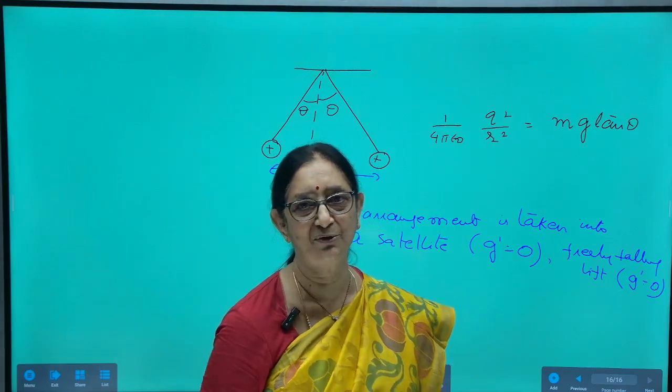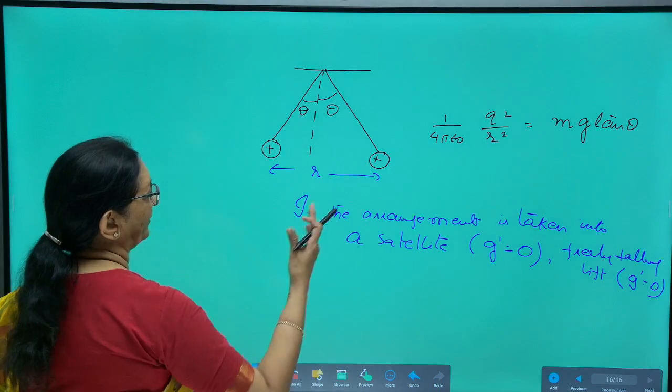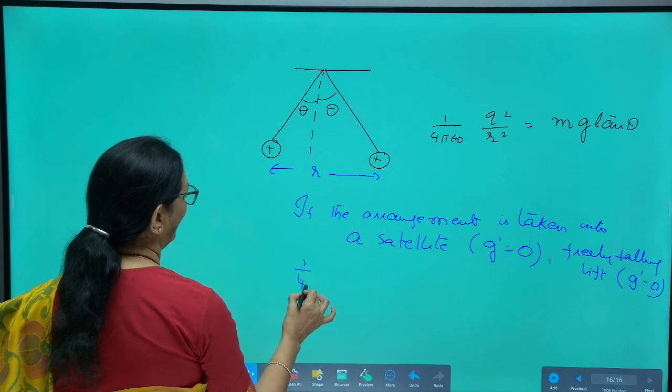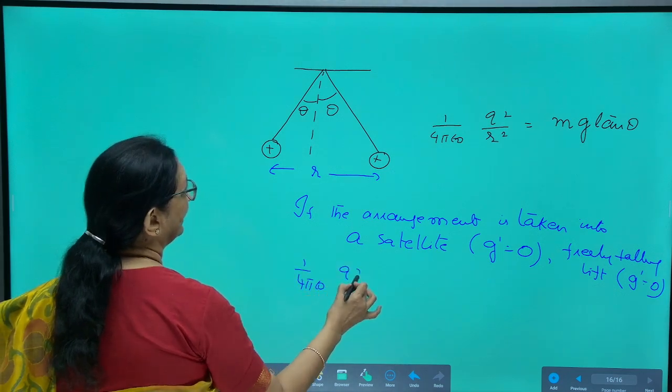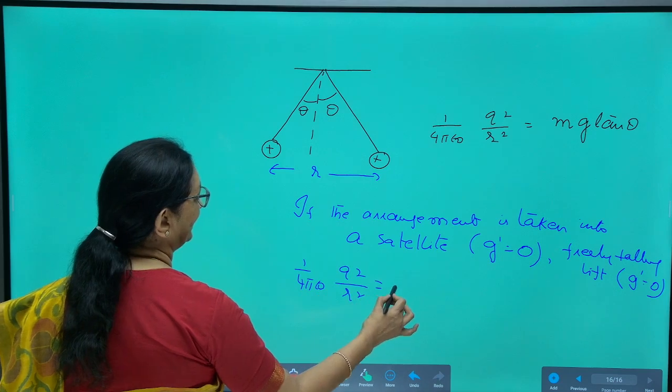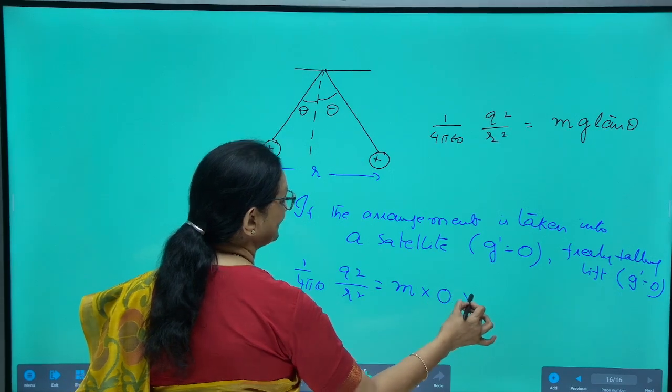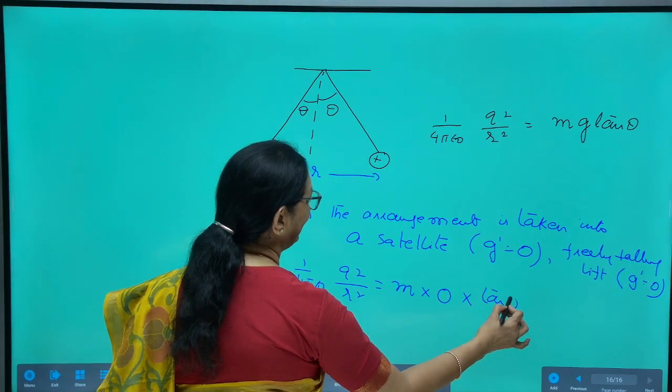Apparent acceleration due to gravity becomes equal to 0. Then what happens? 1 by 4 pi epsilon naught q square by r square is m, apparent acceleration 0, into tan theta.